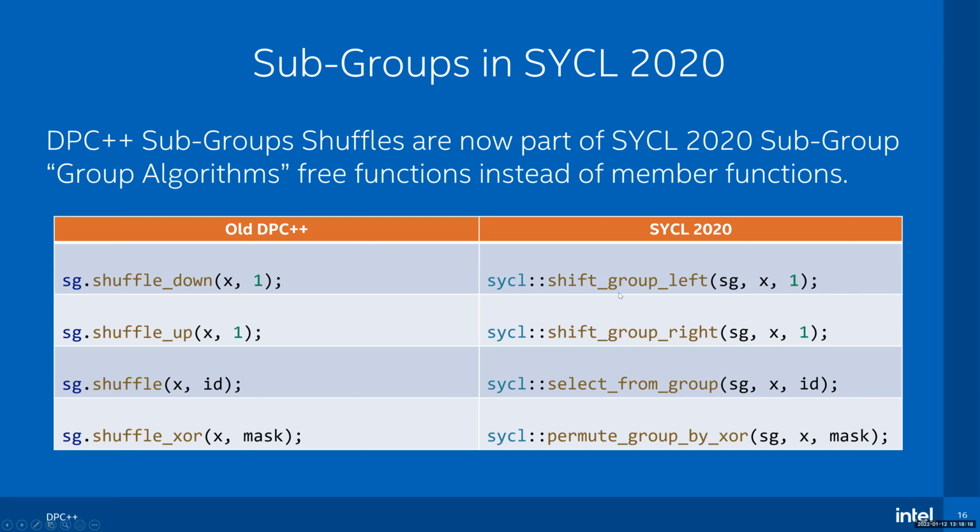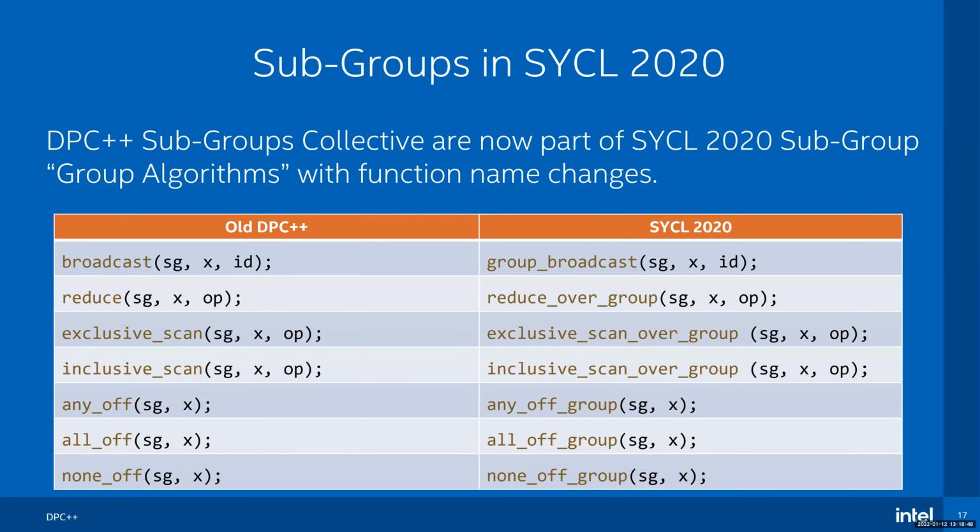It's now called shift_group_left, shift_group_right, select_from_group, or permute_group_by_xor. You can see that these are free functions under the SYCL namespace. The main thing the SYCL 2020 committee decided was that since these functions are applied on a group, which could be either a subgroup or a work group, the word group is included in all the function names. That's the main difference.